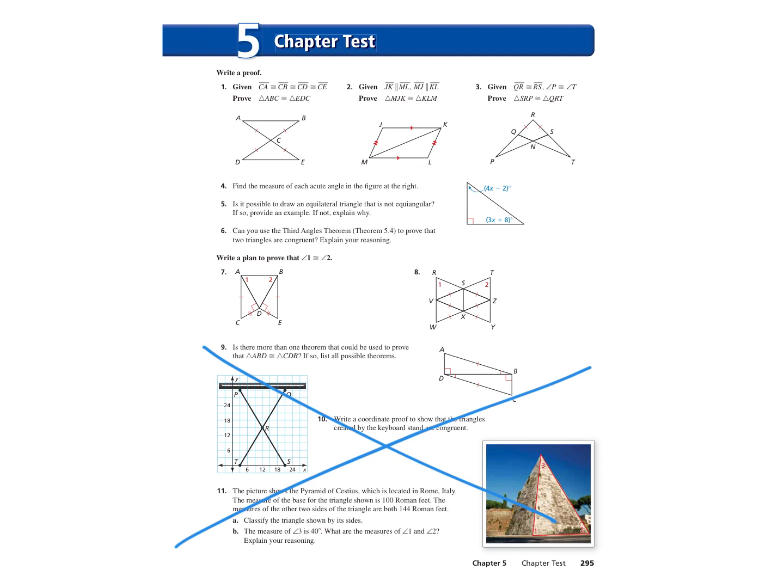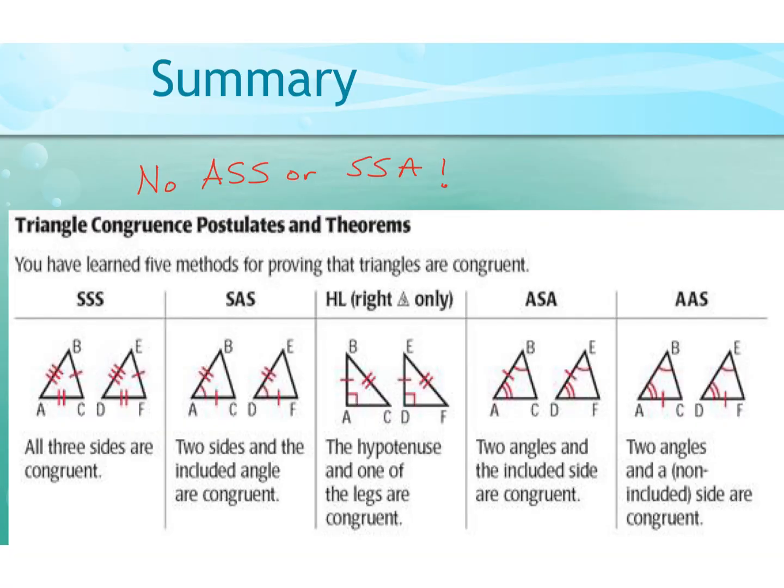And then I just put in here a screenshot of that shortcut. This was actually in the notes from 5.6. And these are your 5 shortcuts, or ways to prove that 2 triangles are congruent. Remember, no ASS or no SSA. On the test, I'm going to list these, so you don't have to worry about remembering the acronyms.